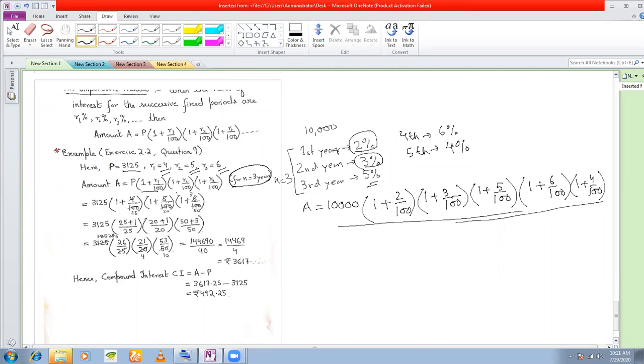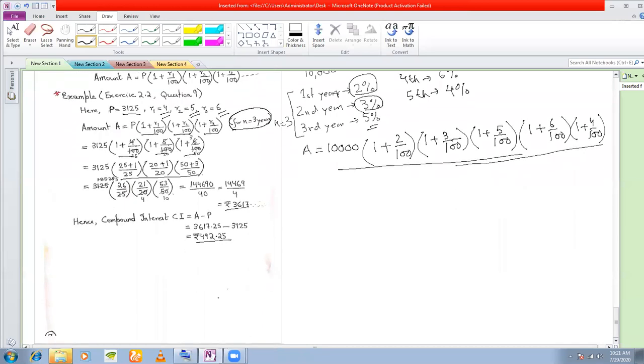So I have three components: 1 plus R1 by 100, 1 plus R2 by 100, 1 plus R3 by 100, and I put the values for R1, R2, and R3, and then I proceed to calculate in order to get my amount after 3 years, and therefore my compound interest. Any problem with this formula? No, sir.